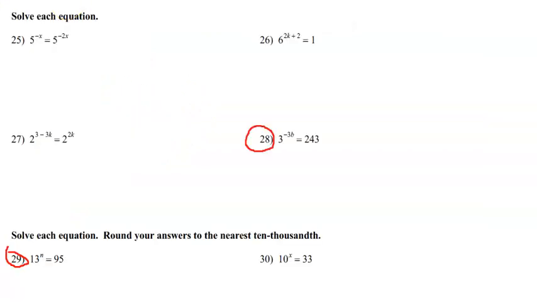Okay, let's look at example 28. 3 to the negative 3b equals 243. So we're going to log base 3 each side. Now log base 3 of 243, we could put that in the calculator.